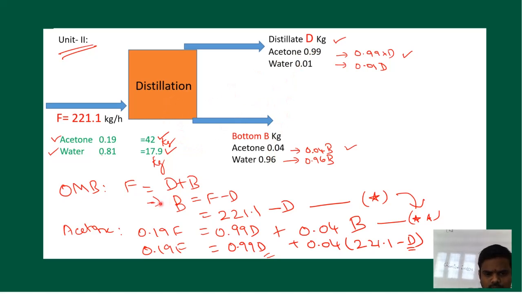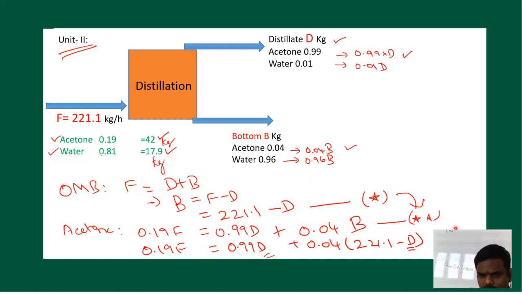We wrote the overall material balance F equal to D plus B. So B is equal to F minus D. F value is 221.1, so we wrote B equal to 221.1 minus D. The individual material balance for acetone was written, which is 0.19 into 221.1 equal to 0.99 D plus 0.04 B. B is replaced with F minus D, that is 221.1 minus D, and an expression in D was obtained.